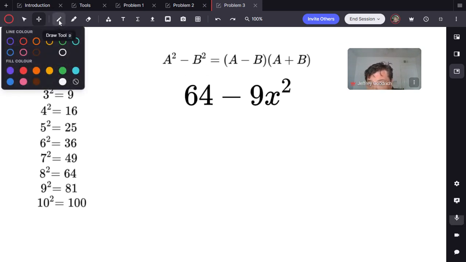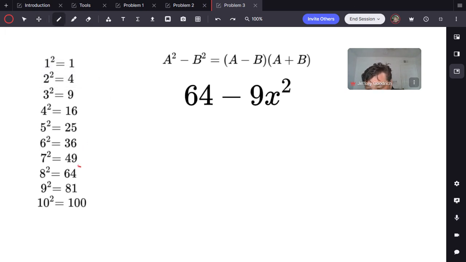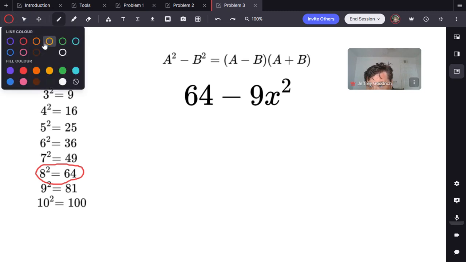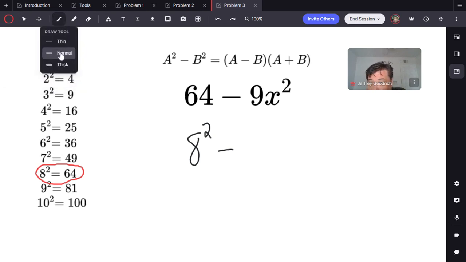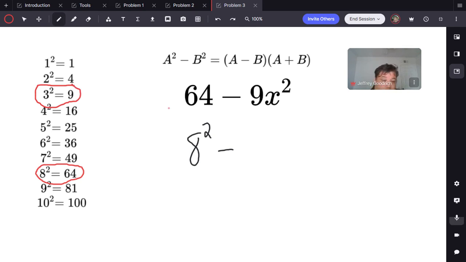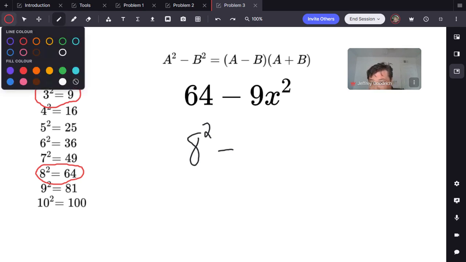We know 64 is the same thing as just 8 squared, right? So instead of 64, we're going to go ahead and write 8 squared. Now, instead of 9, we're going to look at our list of squares and replace it with 3 squared.